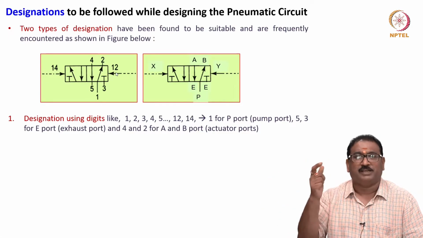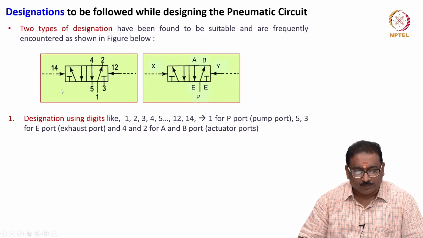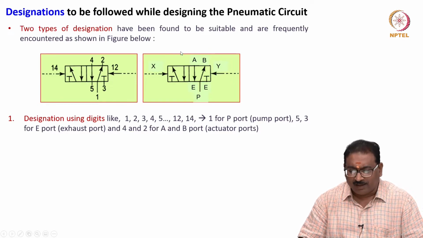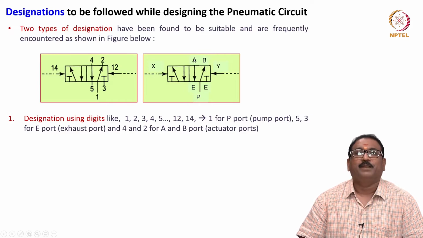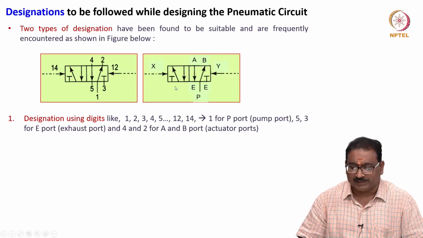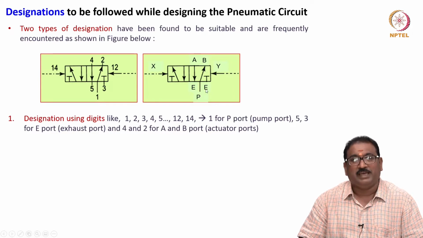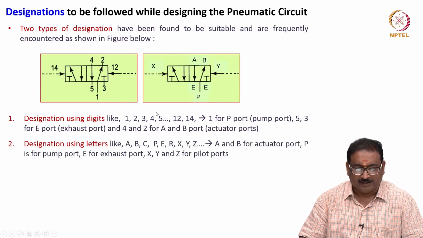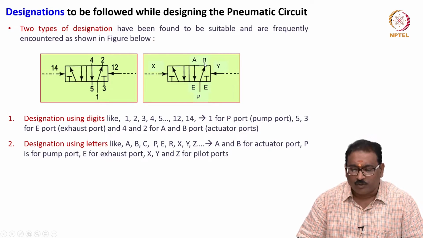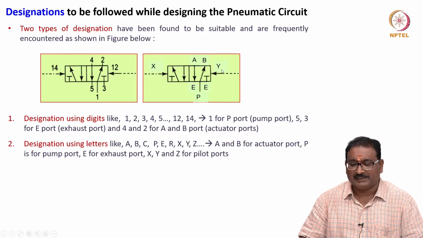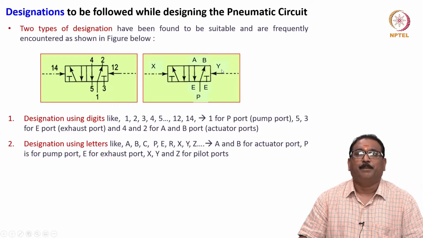You can represent all the valves using the number system, or, as usual, how we do in hydraulic control systems, symbolically using letters: P port is P, exhaust port E, A and B are the output ports or actuator ports, and X and Y are the pilot signals.